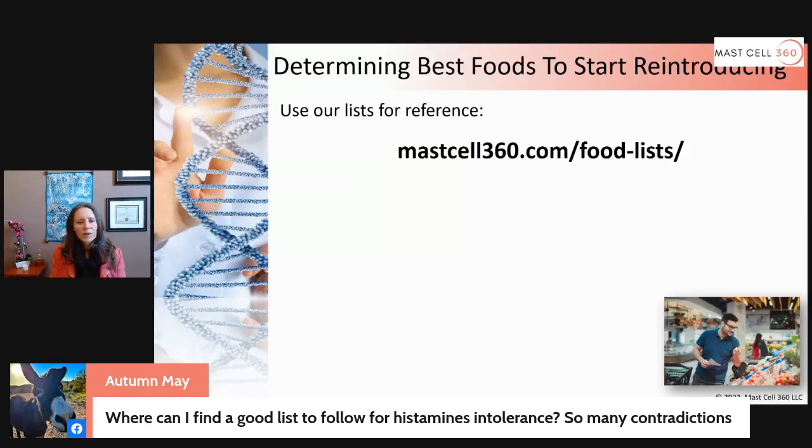So that's one of the other things that happen with these lists, is that some of them put foods that contain histamine, but they didn't take out the histamine liberators. So these are things that either lower our DAO, like black and green tea, or they're things that push our bodies to release histamine, like cinnamon and clove and so on. So hopefully that makes sense.